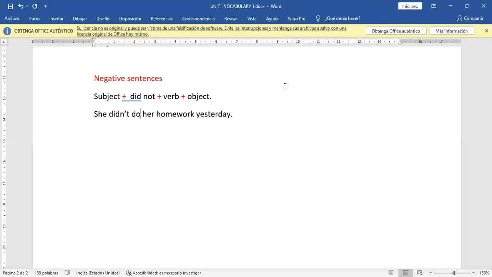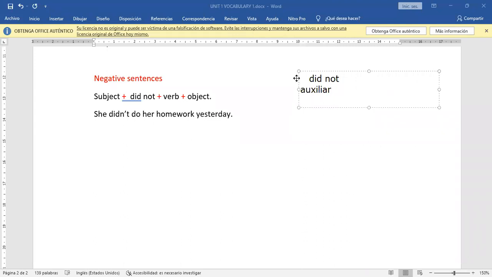So, in this moment, we are using did, but it is working as an auxiliary verb. Did is not the verb. It is an auxiliary, and it helps the negative not. Did is helping not. She didn't, with contraction, or she did not, without contraction, is possible.